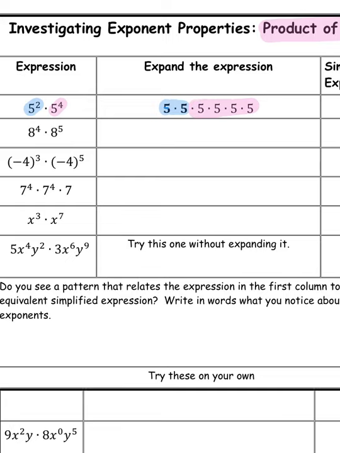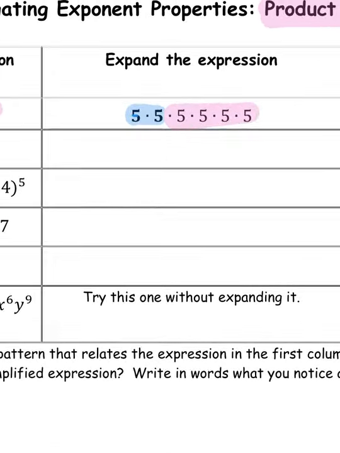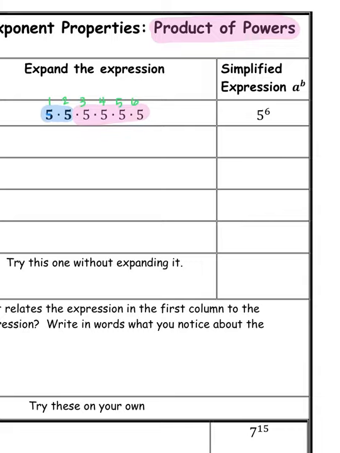So all we've done is multiplied them all together. And when we multiply them and we simplify it back into one number or letter with an exponent, what we do here is we add. So we add the 5s. We have 1, 2, 3, 4, 5, 6. So we're adding them and we get 5 to the 6th.